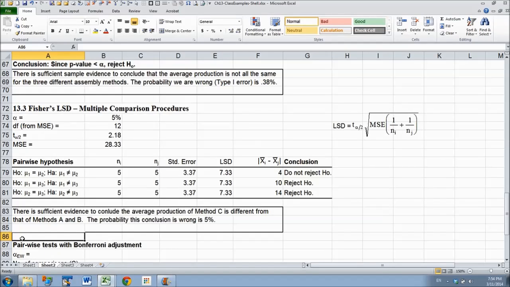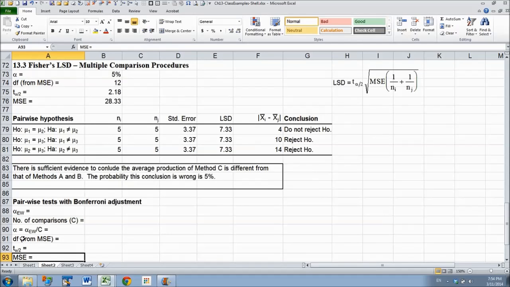But in reality, the probability of type 1 error is probably more than 5% because we are doing several hypothesis tests all at the same time. So we really need to make an adjustment for that. If we want an overall level of significance of 5%, then we are making 3 comparisons in this case.